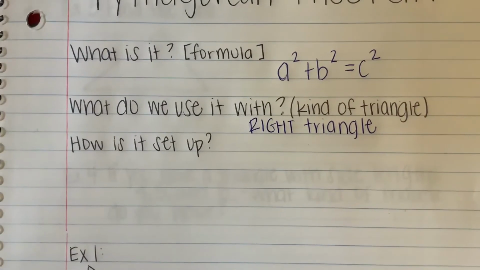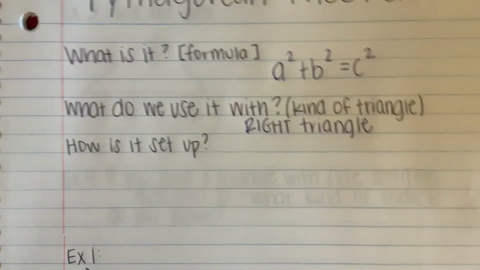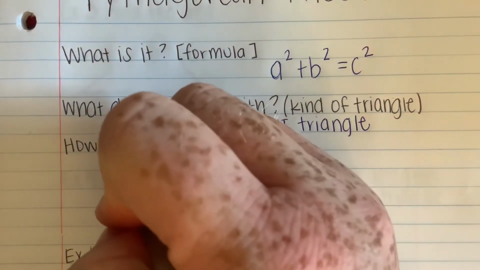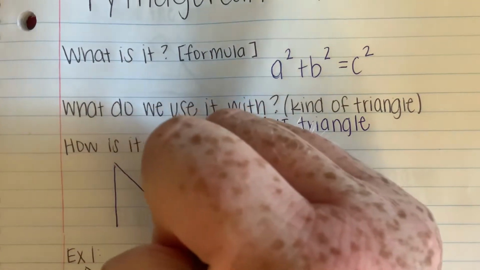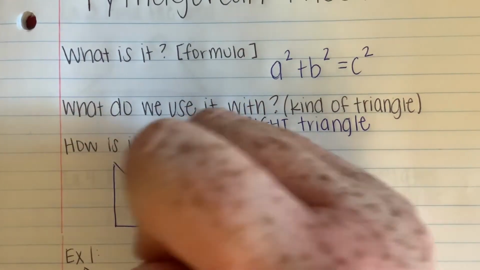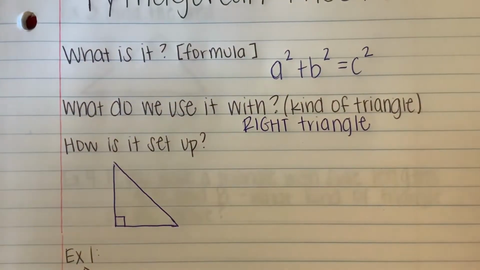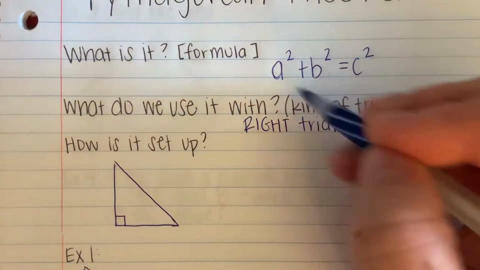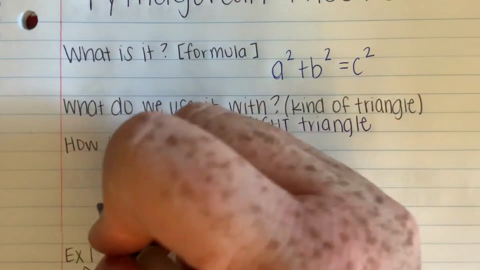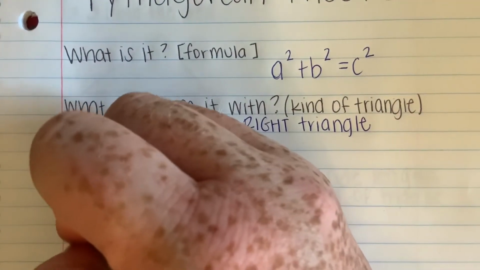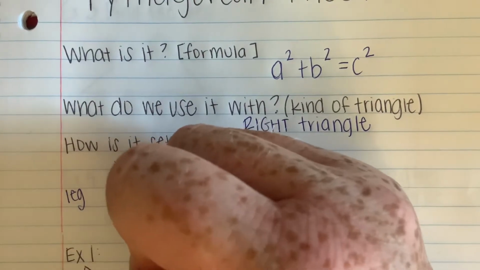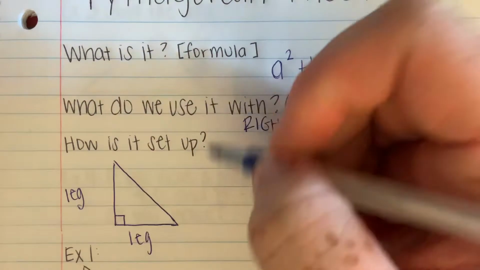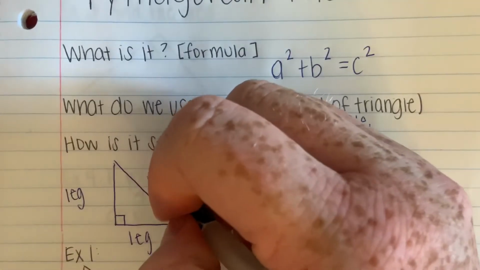So then how do we set this formula up? Give you a second to think about that. What I mean by that is, so we have our triangle. More specifically, we have our right triangle. Where do our legs go? What do I mean by these letters? We have a leg, and then what's that funny name for this long side over here?